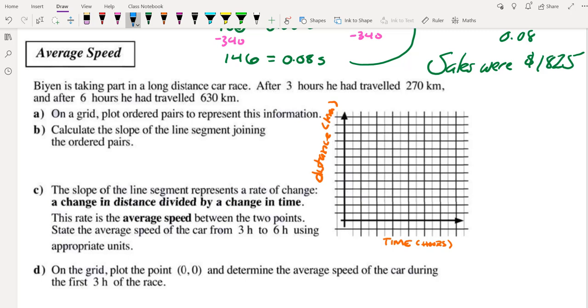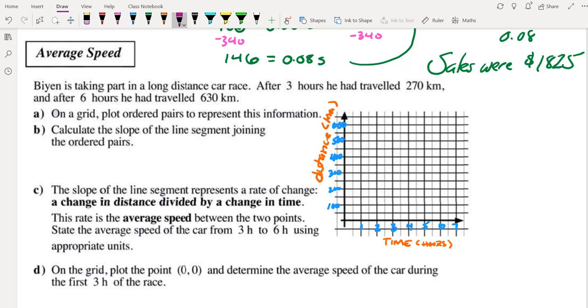So I figured if we do every second line equal to 100, because we've got 14 lines here, we should be fine. 100, 200, 300, 400, 500, 600. Then for time, we need to go up to 6, and we've got plenty of space here, so I'll do every major line as 1 hour. 1, 2, 3, 4, 5, 6, 7. Okay.